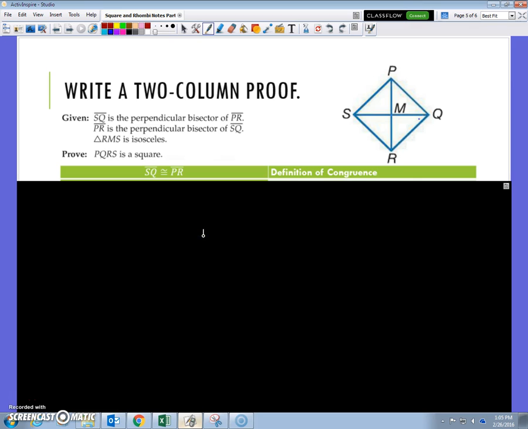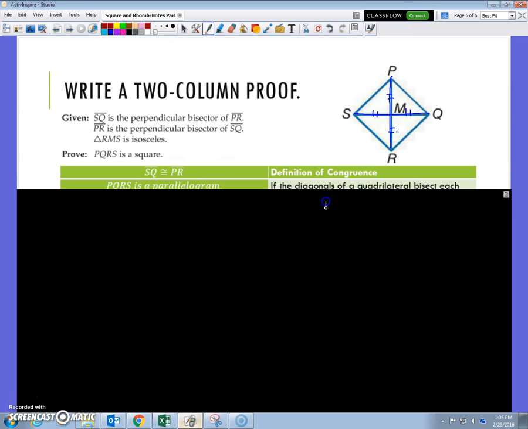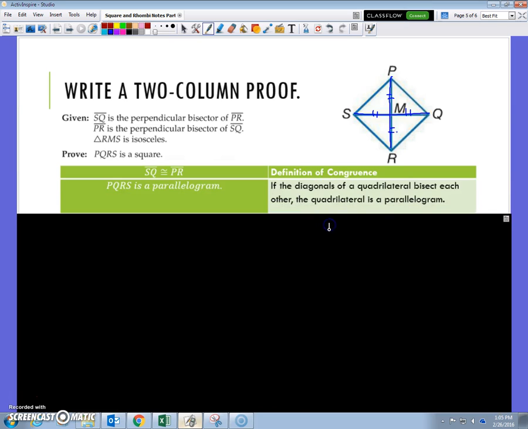So now I know for sure that these diagonals are congruent. I still know that every one of these little half bisectors are congruent. And I know that PQRS is a parallelogram, because if the diagonals of a quadrilateral bisect each other, the quadrilateral is a parallelogram. Well, I already knew that, because they did bisect each other once we proved that these were equal. But we didn't have it in our proof, so let's get it in there.